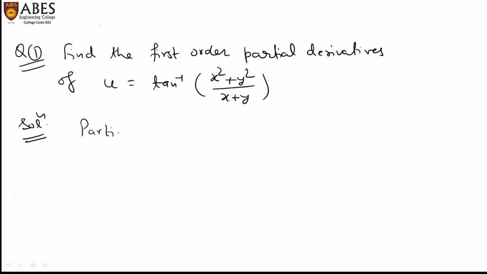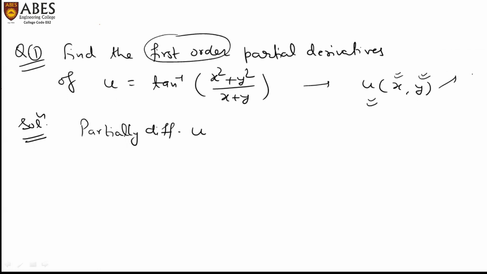Partially differentiate u. Here u is the dependent variable because u is a function of x and y. So u is the dependent variable and x and y are the independent variables. So obviously we have to find the first order derivatives.